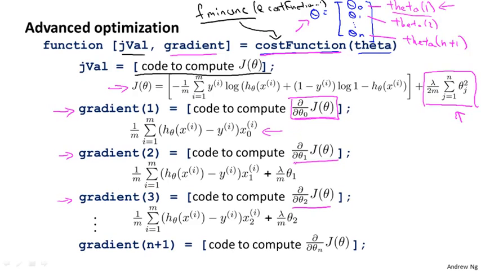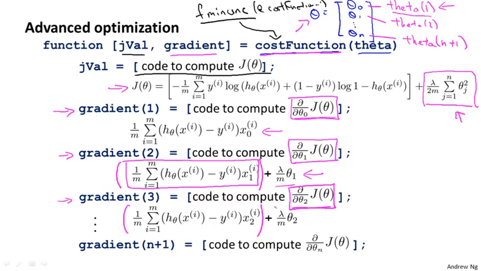In particular, the derivative with respect to theta 1, which we worked out on the previous slide as well, is equal to the original term minus lambda over m times theta 1. Just so we parse this correctly, we can add parentheses here so the summation doesn't extend. And similarly, this other term here looks like this, with the additional term from the previous slide that corresponds to the gradient from the regularization objective.